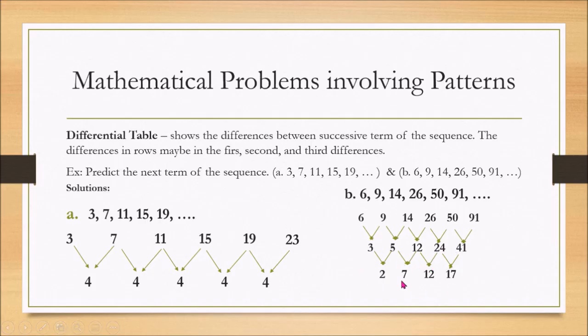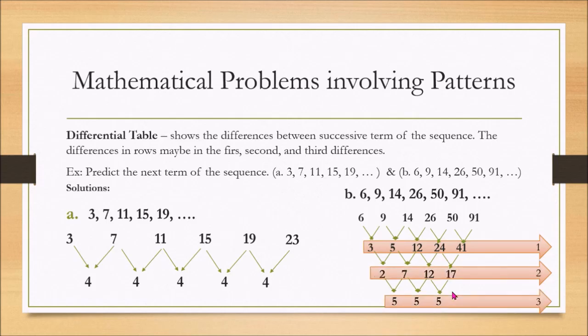So still not the same. But in the next difference, it will be the same. When you subtract 7 by 2, that is 5, 12 by 7 is 5, and 17 minus 12 is 5. So on the third difference, they are now the same. This is our first difference, second difference, and third difference.